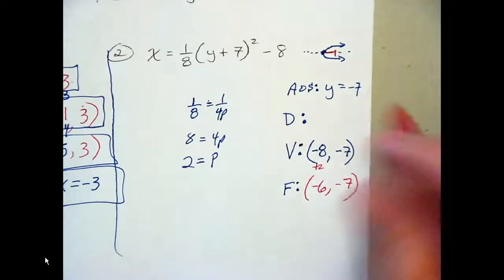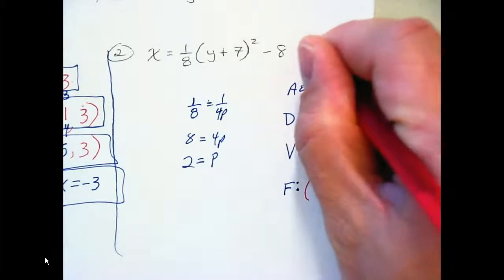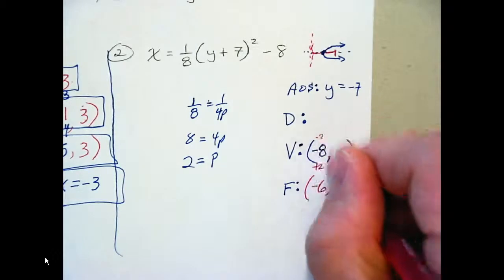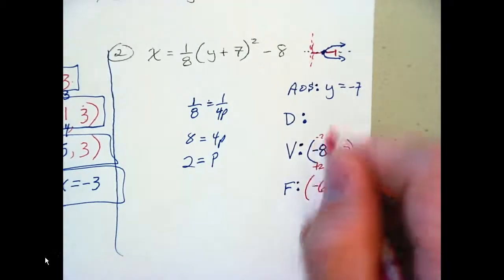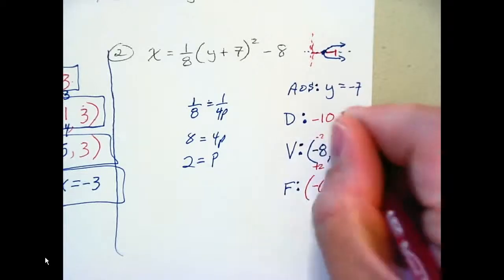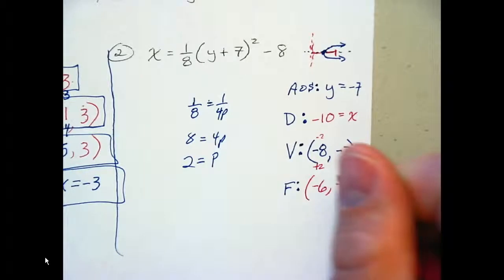And then my directrix, I'm moving this way 2, meaning I am subtracting 2. -8 minus 2 is -10. And that is -10 equals x, or x equals -10.